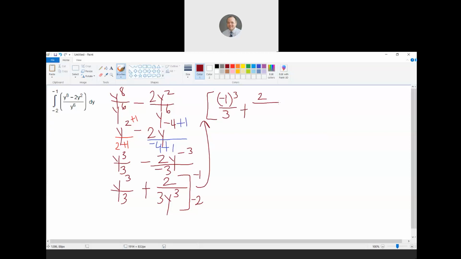And because we're plugging a negative into our y's, I'm using parentheses. Mandatory minus sign in between your substitutions. The second go around, everywhere we see a y, we'll plug in -2.